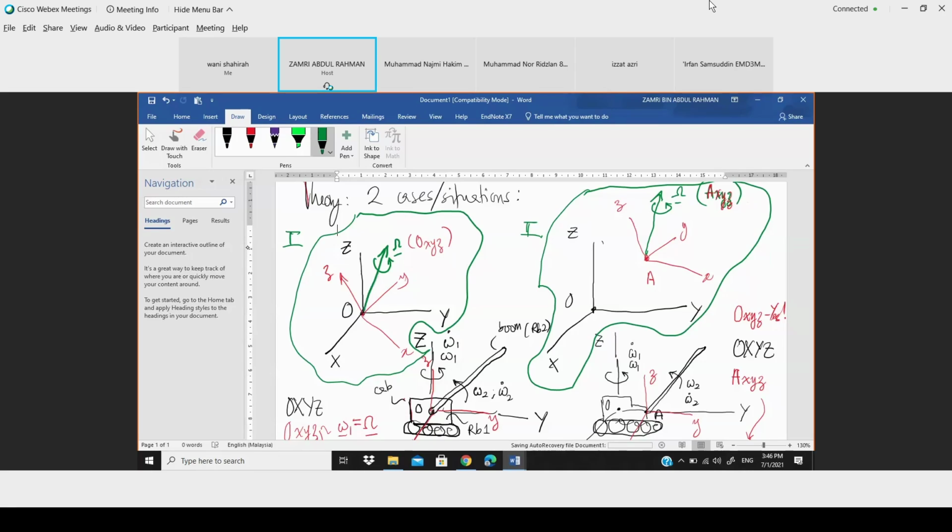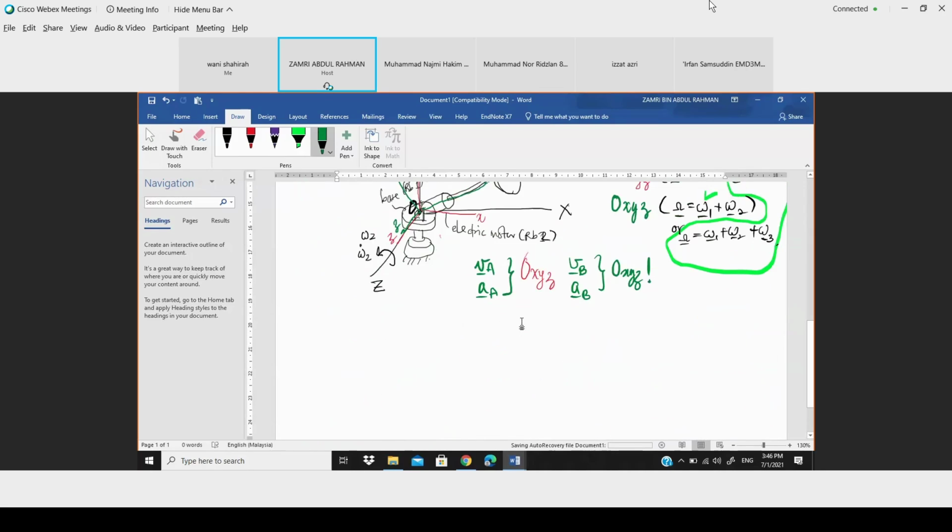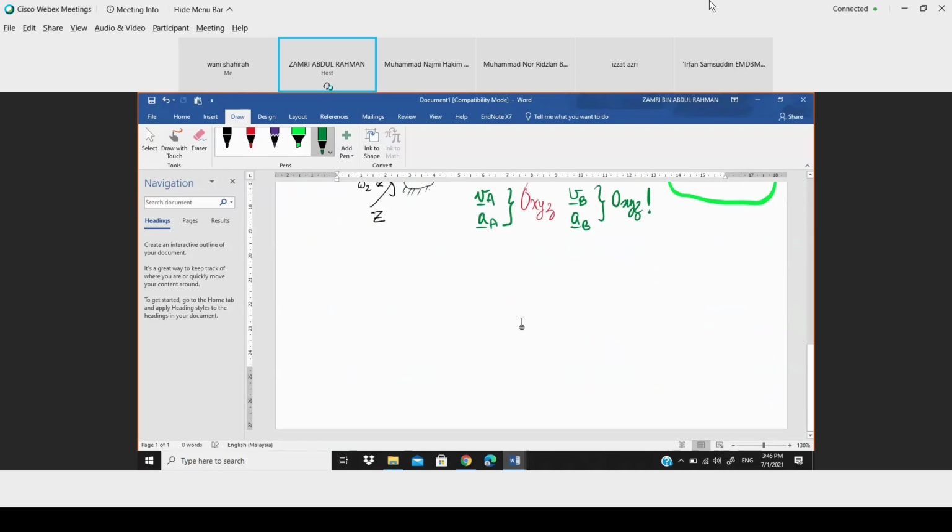Okay, terlanjur dah sampai ke sini. Saya nak lukis satu lagi gambar sebelum saya bagi example, iaitu sekarang ni bayangkan kalau kita ada rigid body on top of another rigid body. Okay, let's say we have a fixed point O here.